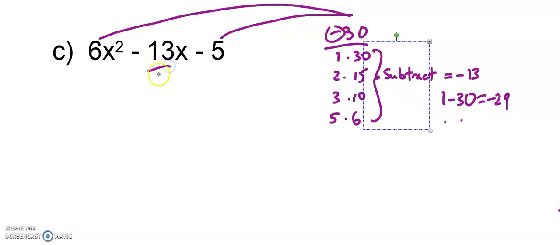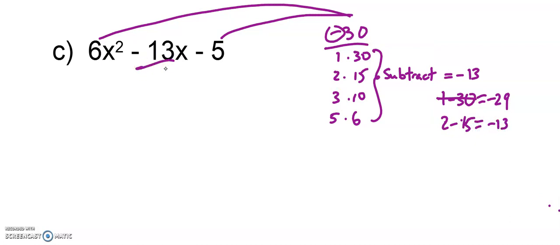Is this negative 13? No, so those aren't it. 2 minus 15 equals negative 13. Is this the middle number? Oh, it is. The second set of numbers in the list shows me my answer.